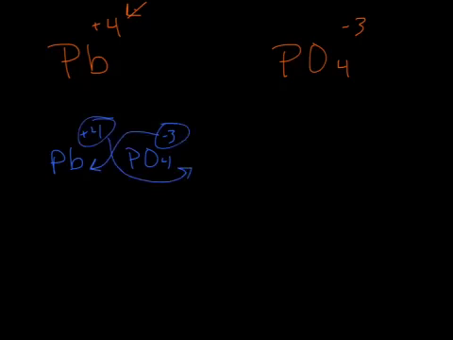Remember, just the numbers drop down. That's going to give us lead 3. Remember, lead is not a polyatomic ion, it's just a variable charge cation, so we do not need parentheses. But for our phosphate, we do need our parentheses.